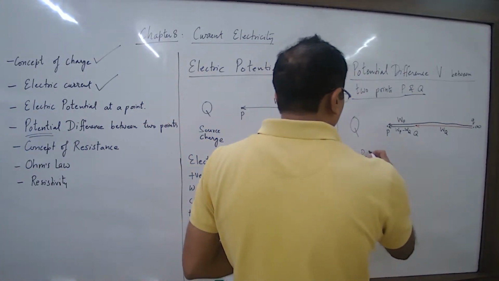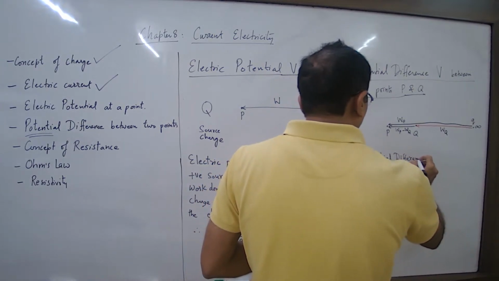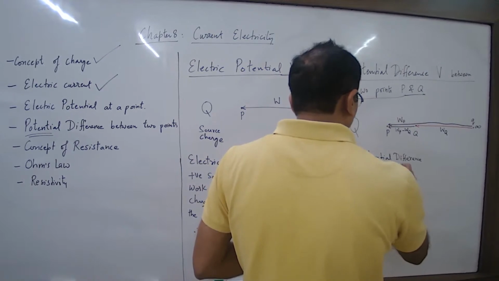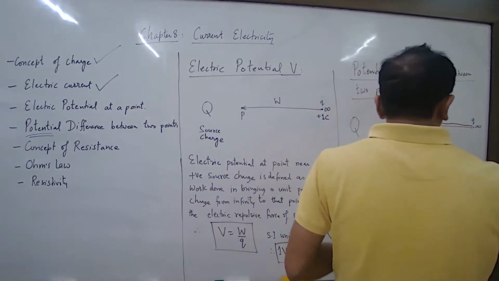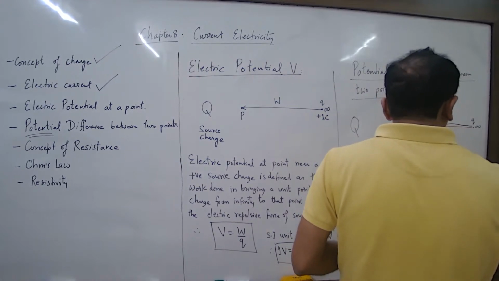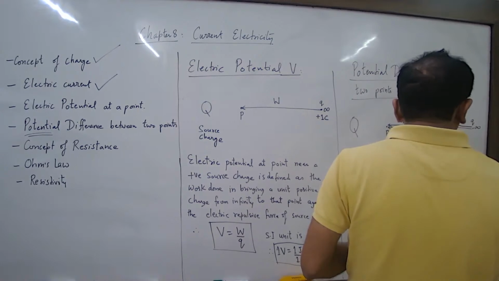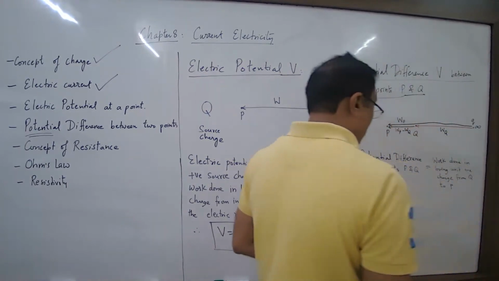So the potential difference between points P and Q is equal to the work done in bringing a unit positive charge from Q to P. Okay?